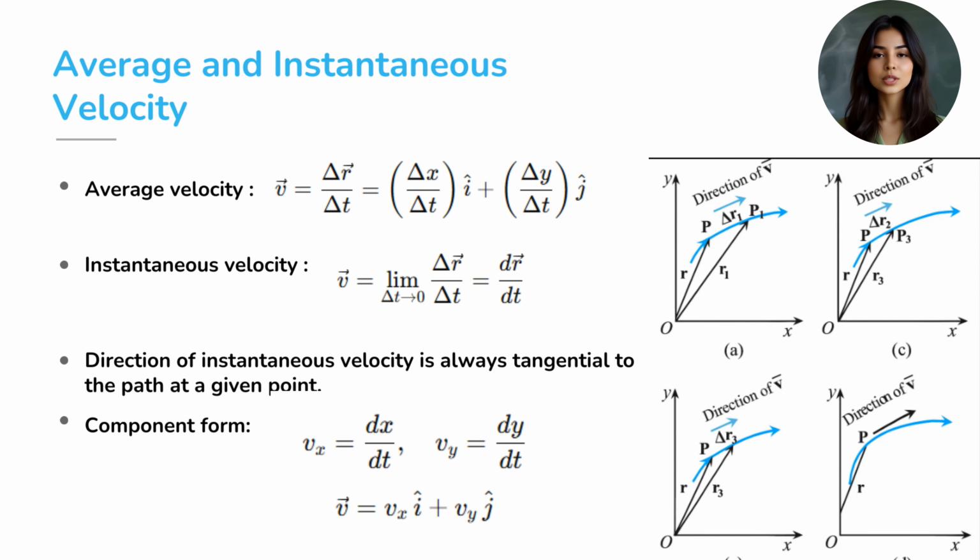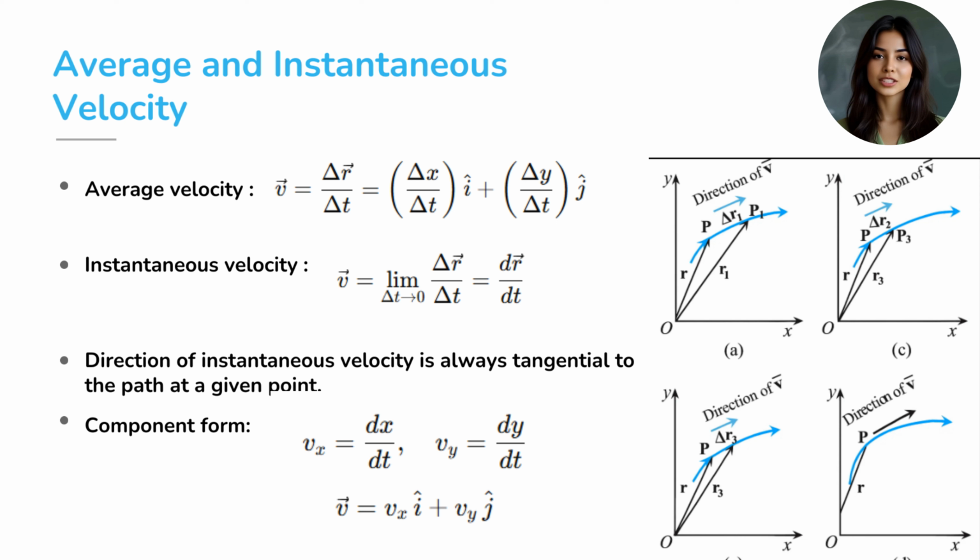Let's explore how velocity is defined both as an average over time and at an instant. Average velocity is the total displacement divided by the time taken. In two dimensions, it's written as v equals delta r divided by delta t, which breaks down into v equals delta x divided by delta t in the i-hat direction plus delta y divided by delta t in the j-hat direction.